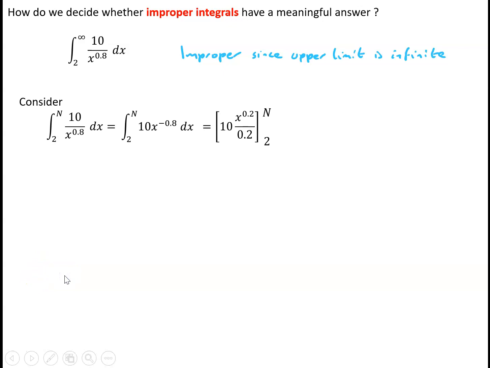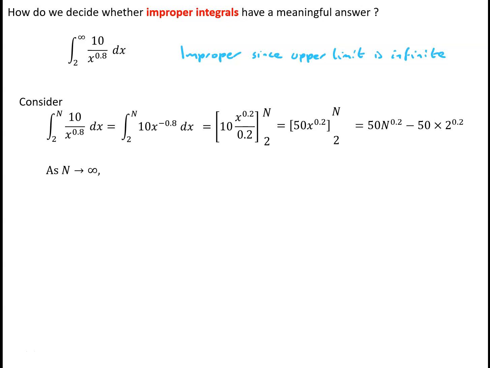And I need the value of that at n, take away the value of that when x equals 2. Now 10x to the 0.2 divided by 0.2 is the same thing as 50x to the 0.2. We need the value of that when x equals n, take away the value of that when x equals 2. So I've got 50n to the 0.2, take away 50 times 2 to the 0.2.